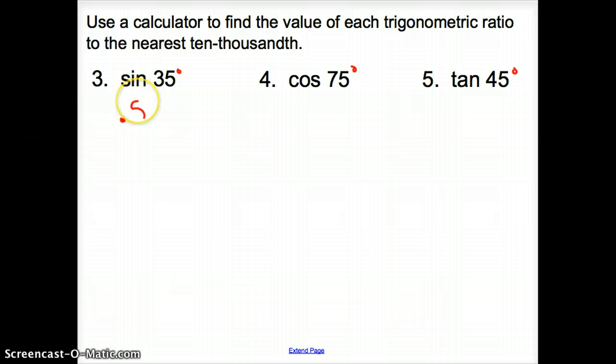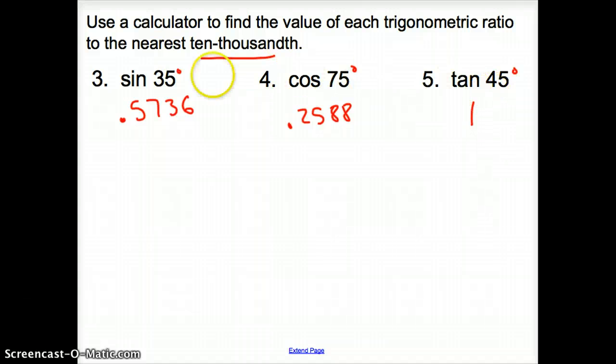In this case it will be a decimal. Now ten-thousandths means we have 4 decimal places, so it's 0.5736. Same thing with cosine of 75, it will give you 0.2588, and then tangent of 45 is just 1.